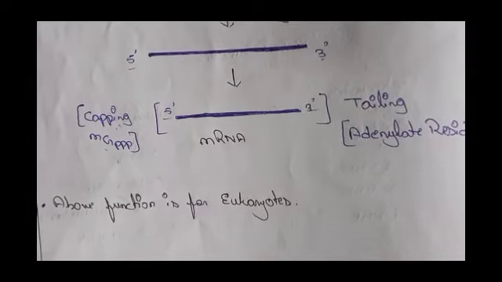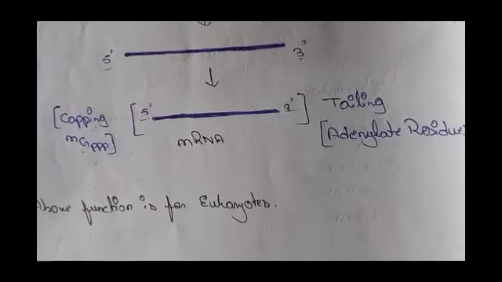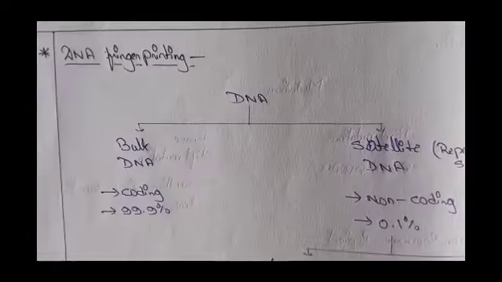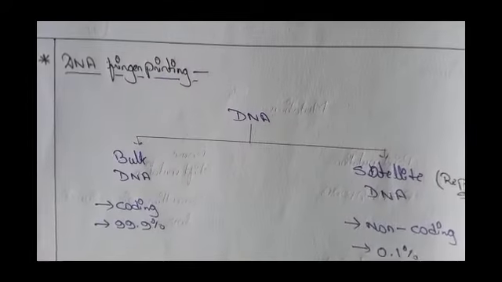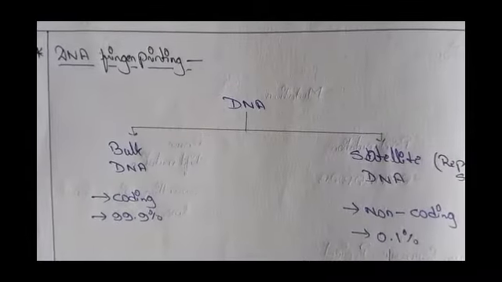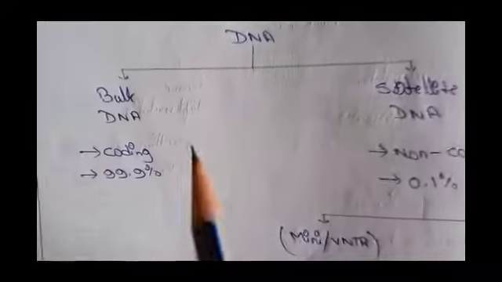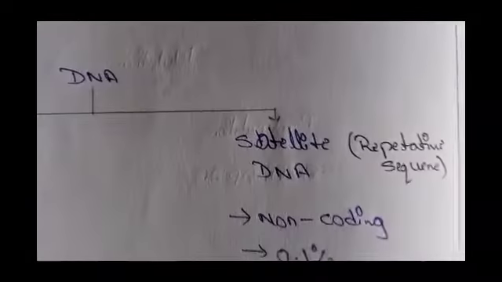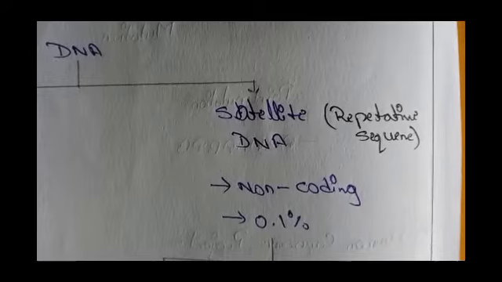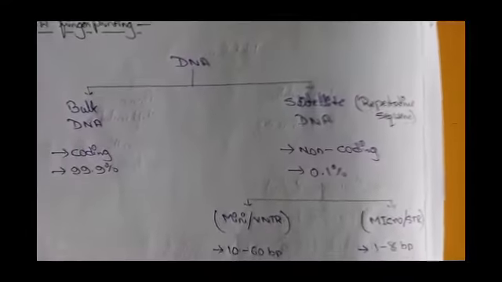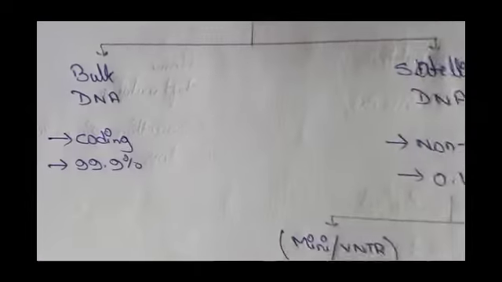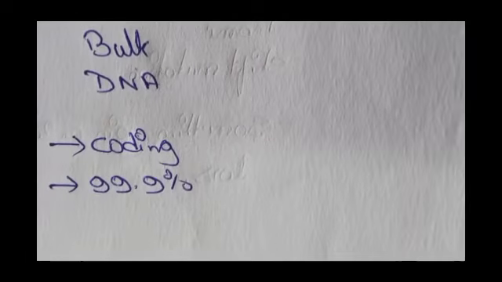our last topic in this chapter is DNA fingerprinting. DNA fingerprinting is our last topic. It has bulk DNA and satellite DNA, two types. Bulk DNA codes, it is 99.9% of DNA, but the difference in DNA is in the satellite.